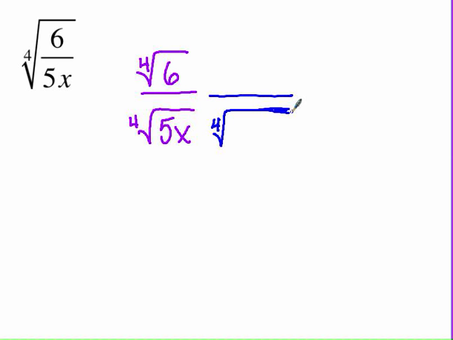So in order to take things out, how many do I have to have if I'm taking the fourth root? I have to have 4, right? How many 5s do I have here? 1. So I need 3. How many x's do I have here? 1. How many more do I need? 3. So what I do on the bottom, I also have to do up here on the top.